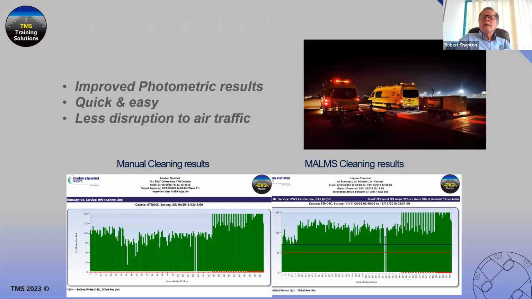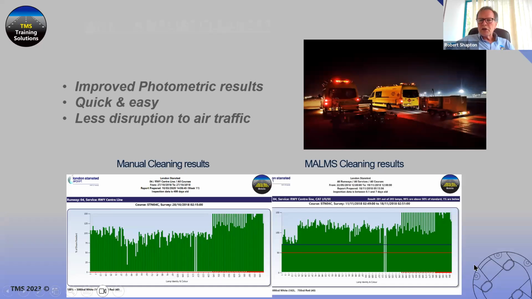What we did was a photometric test of the lights, then we cleaned the lights with the MARMS cleaning machine, as can be seen in this picture, and then we did a further photometric test of those lights.